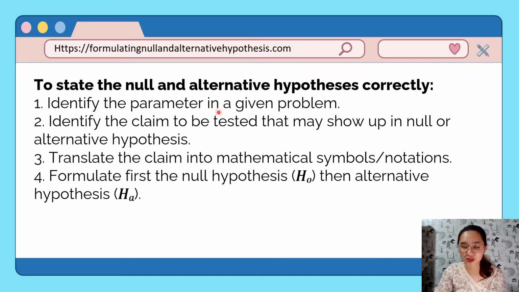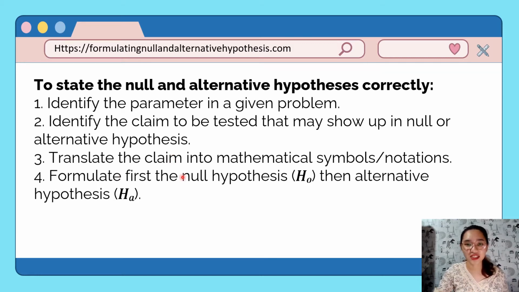So, identify nyo kung ito ba ay population mean or population proportion. Second, you need to identify the claim to be tested that may show up in null or alternative hypothesis. Ayan. So, yung claim doon sa statement natin, it can be either null and alternative hypothesis. Hindi po siya palagi kapag sinabi natin claim, lagi siyang null. Hindi po. Either po doon sa dalawa na yun.